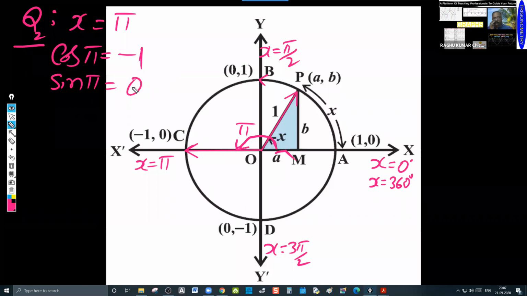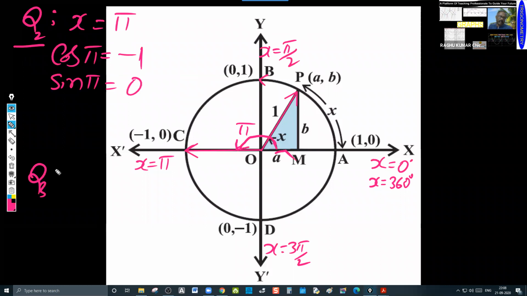Correct or not? So quadrant 1 lies between 0 and pi by 2. Quadrant 2 lies between pi by 2 and pi. That's what we have written. For this second quadrant angle, cos pi is -1 and sin pi is 0. It is done.